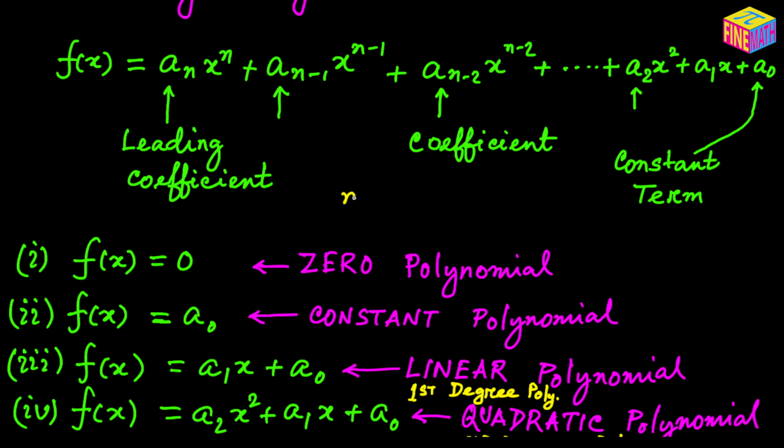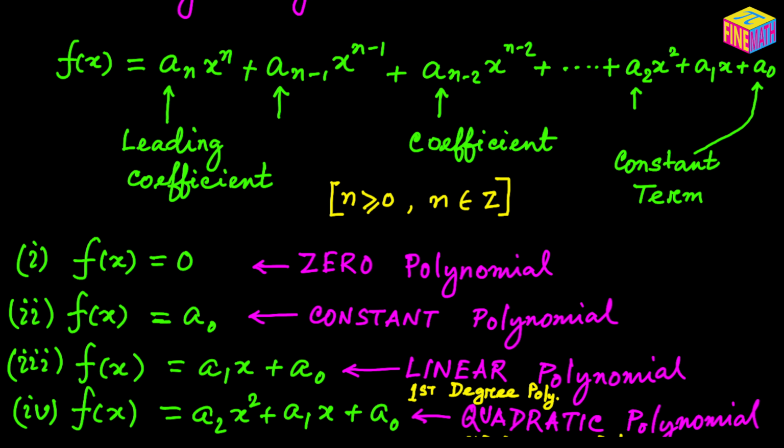Our n must be greater than or equal to 0, and n should belong to the set of integers, right? So this is one important note for a polynomial function. If this condition is satisfied, then this type of algebraic expression will be called a polynomial, right?